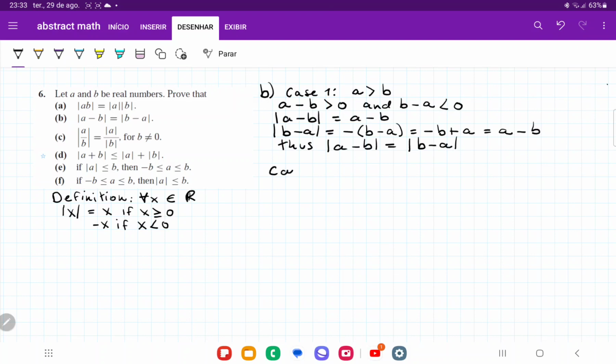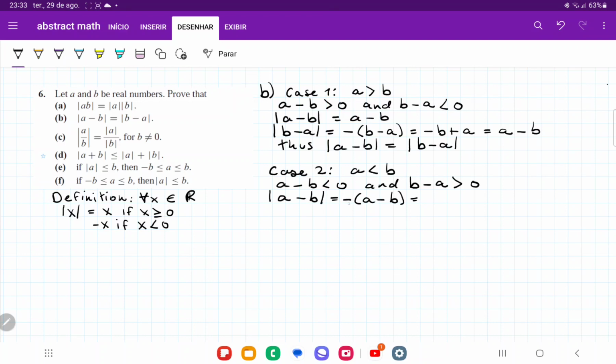Okay, so case 2 is the opposite situation, when A is less than B. So when A is less than B, we have that A minus B is going to be less than 0, and B minus A is going to be greater than 0. So the absolute value of A minus B, since that is less than 0, is going to be minus (A minus B).